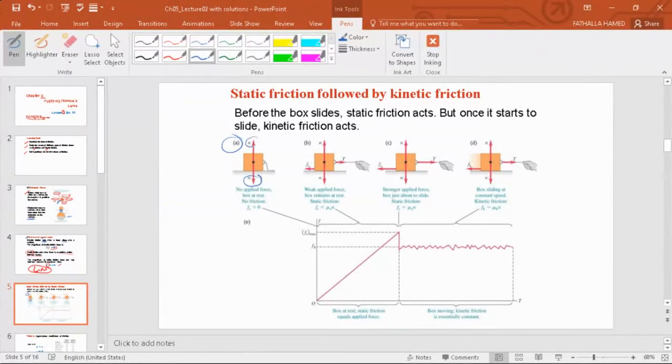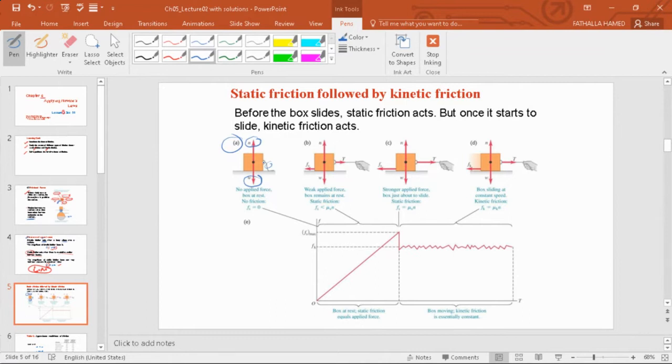You have the normal force, which is basically pushing the block up. And then you're connecting here to a rope, with which you can apply a force. But in this case, the object is not moving, it's at rest, and you are not applying any force.